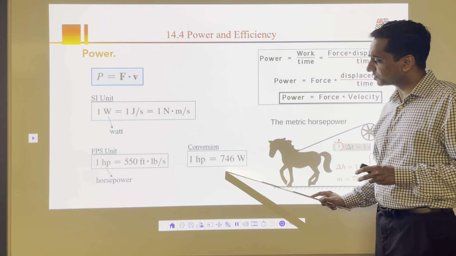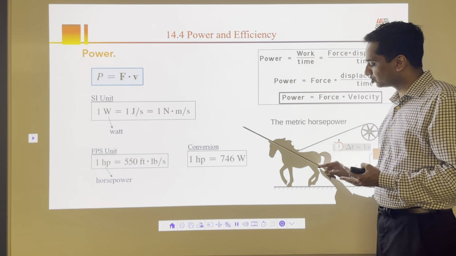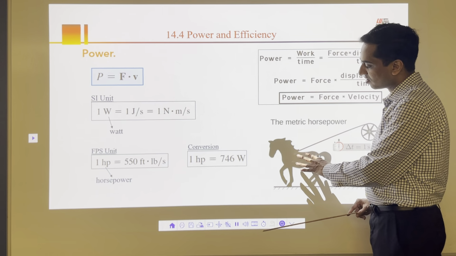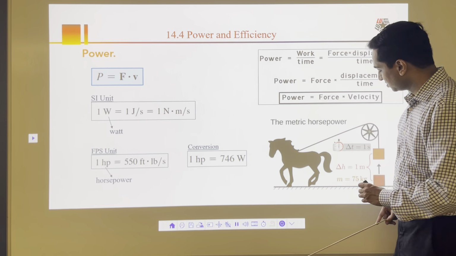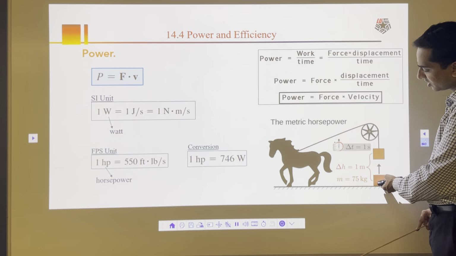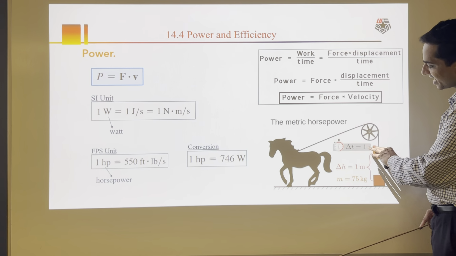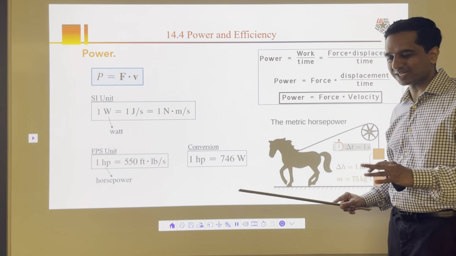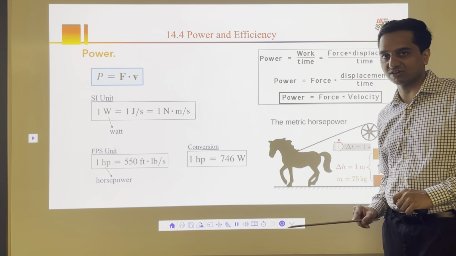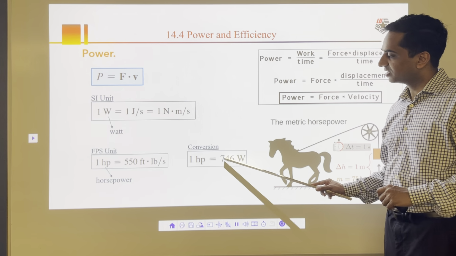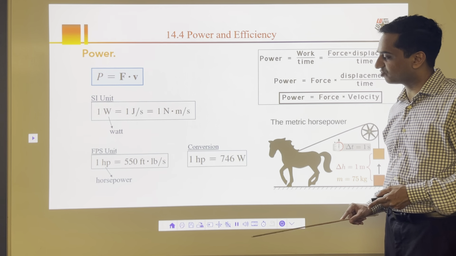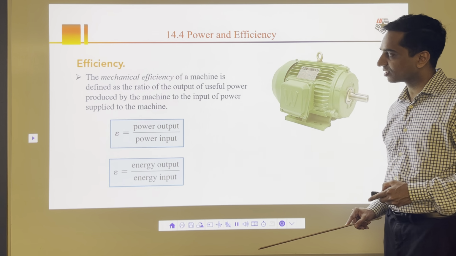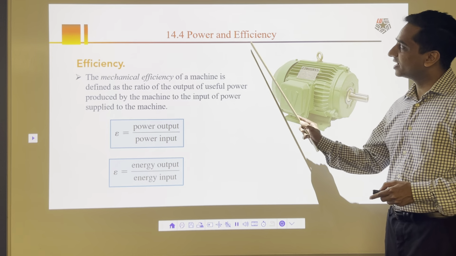In the past they used to use horses. One average size horse lifting almost 75 kilogram of weight for 1 meter height in 1 second will generate almost 746 watts. That's the general idea of how much power one average size horse can generate, and that is 1 horsepower, 746 watts.